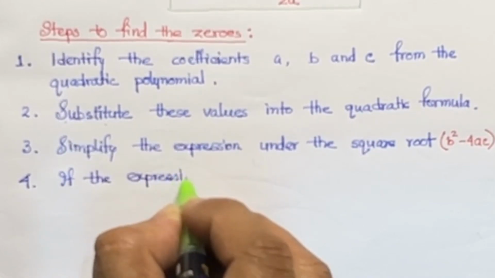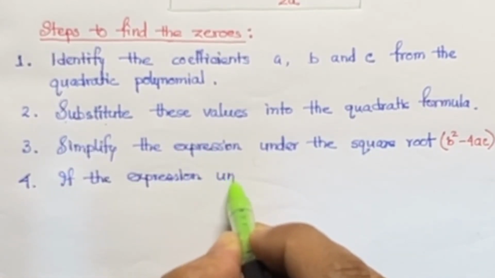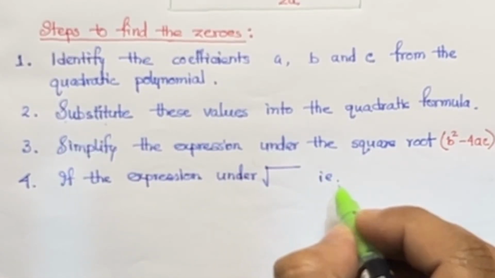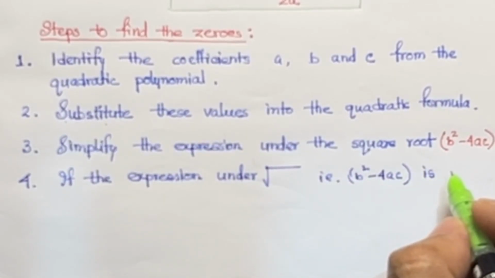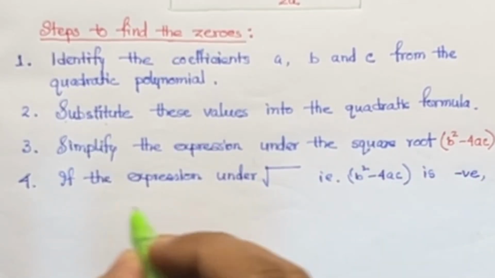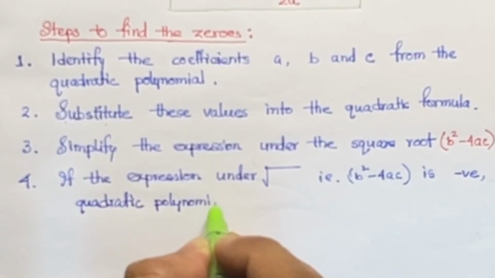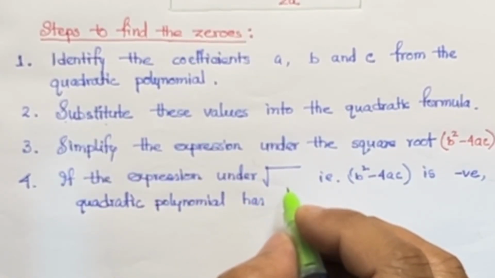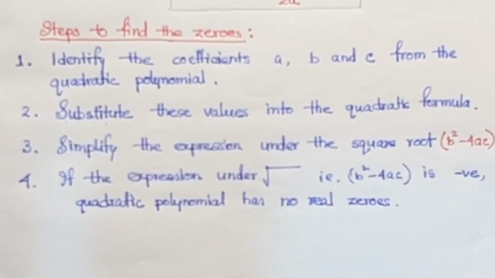Step 4. If the expression under the square root, that is b square minus 4ac, is negative, then the quadratic polynomial has no real zeros.